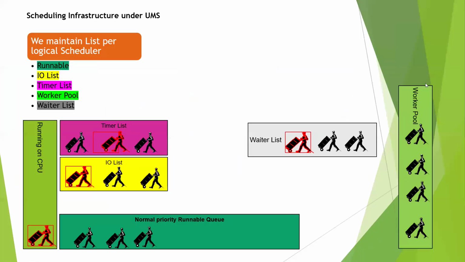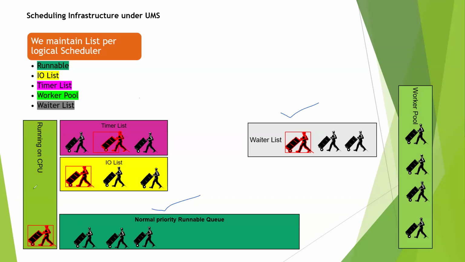So if you remember, right, the waiter list. The thread is waiting for some resources, right? So this is the runnable list. The thread is ready, available to run on the CPU, right?